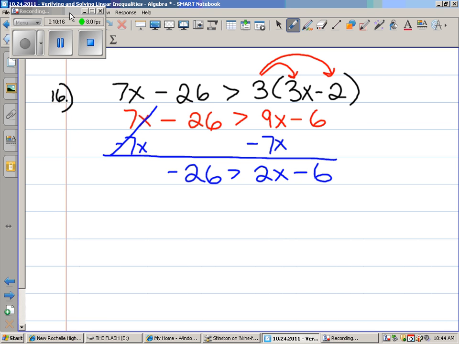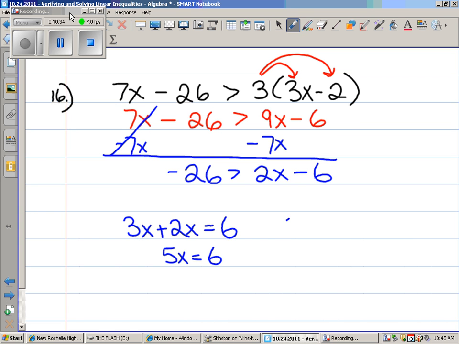If they're on the same side, let me give you an example. Suppose you have 3x plus 2x equals 6, right? Then this is combining like terms. They're on the same side of this symbol. You get 5x equals 6.